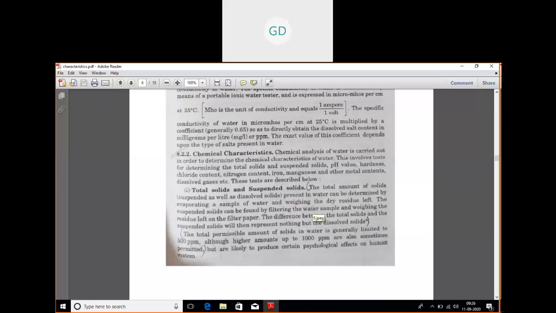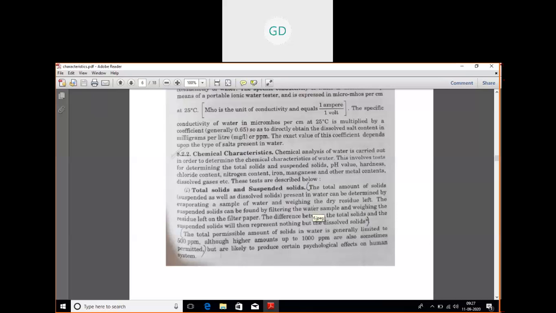Then you pour V mL of water onto that filter paper. The filter paper will obviously be wet now, and you weigh the filter paper again. After that, you let the filter paper dry.